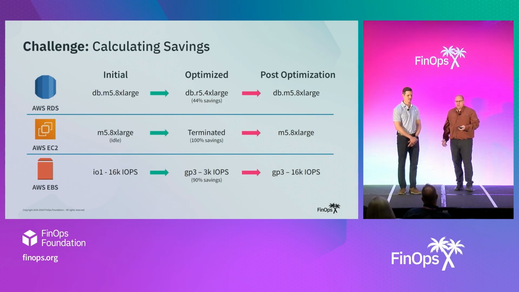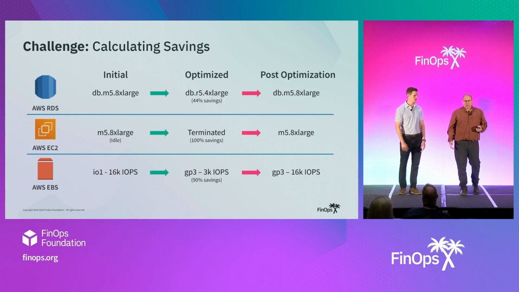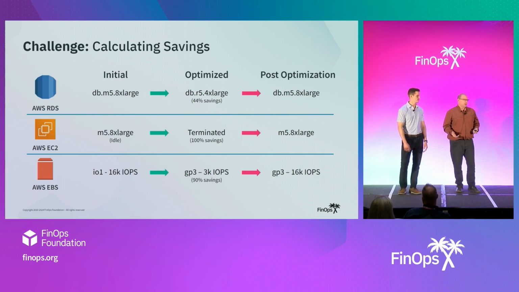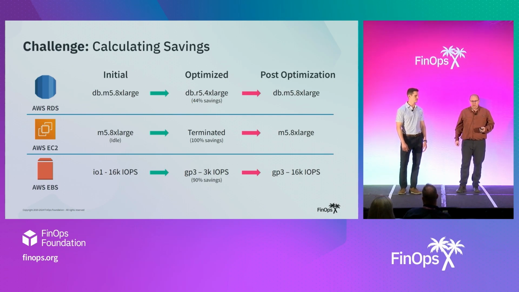So these types of simple models that are looking at those workload levels don't work really effectively and make it really hard to report either to the teams themselves or up to leadership who wants to know what is the value that FinOps is bringing to me, what is the tangible benefit, what are the dollars I saved?